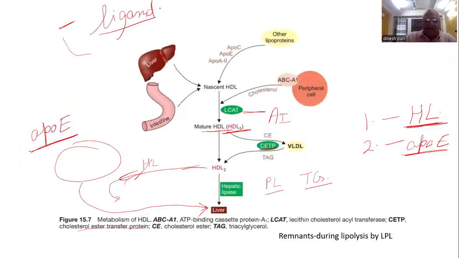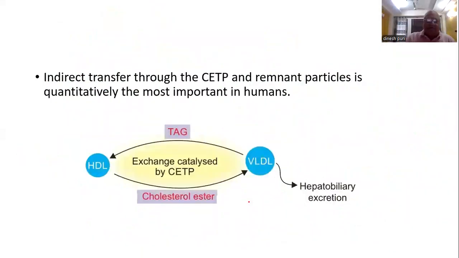We saw that cholesterol ester went to VLDL. I have written VLDL remnant in that slide. We will be talking about that in some other lecture when we discuss VLDL degradation by lipoprotein lipase. So this VLDL will be converted to a remnant particle, then LDL, and as you know, LDL is taken up by the liver. So this forms an indirect route.